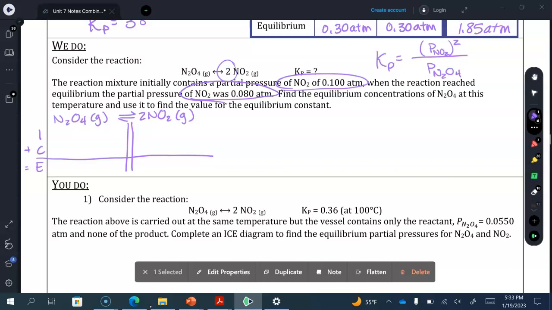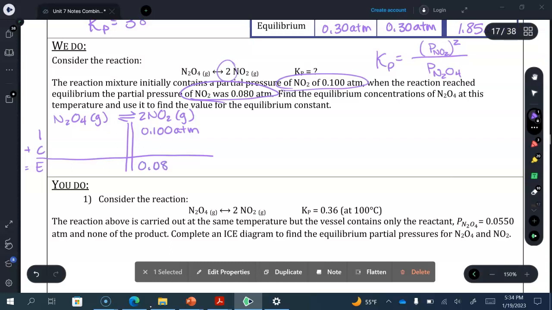Now I'm going to fill in what I was given. At the beginning I have a partial pressure of 0.100 of this one. And then at equilibrium, I have 0.080 atm here. It doesn't tell me anything about N2O4, so I'm going to assume that I start with nothing there.